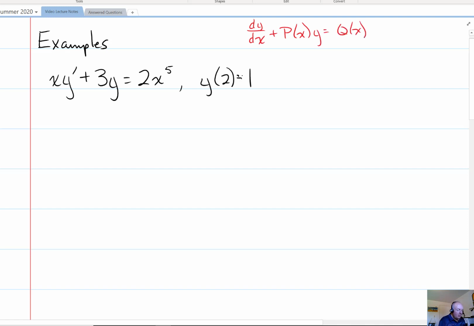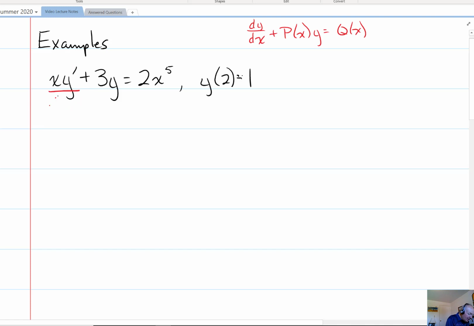This one looks a little more complicated, but it does not take much to put it into this right form, which is then eligible to be solved by using an integrating factor. In fact, the big thing we notice is, hey, I can't have any coefficient on the y prime. So that's the first thing I've got to do.